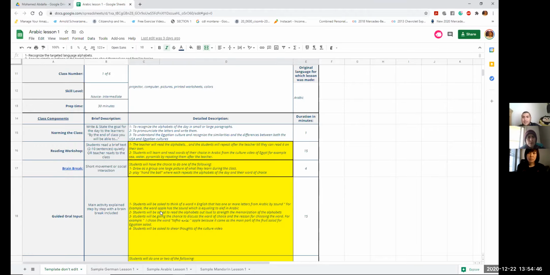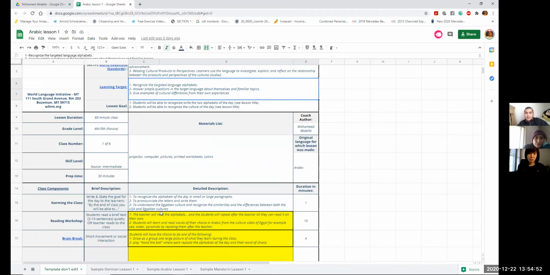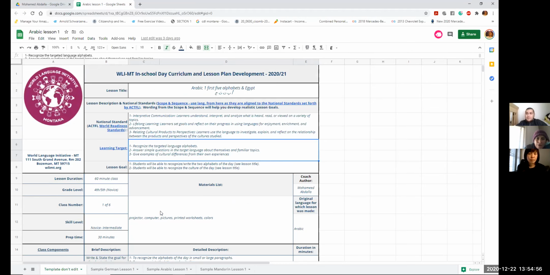Okay, let's go through the lesson and then we can see what's looking okay. I'm just confused about how focusing on the alphabet won't get them to communicate, and that's what I'm worried about. Here's the thing. When I say the word focus, I am not focused on the alphabet.